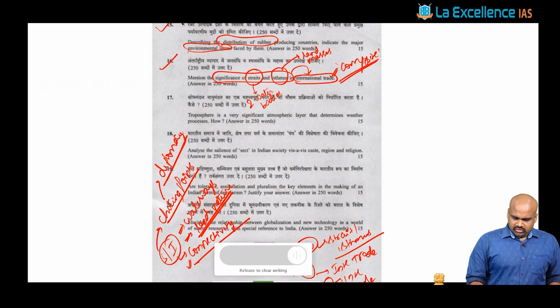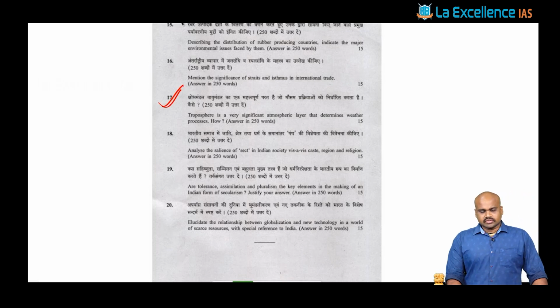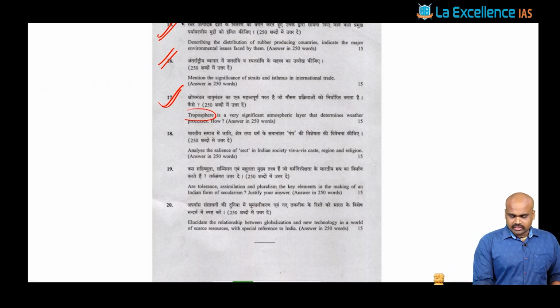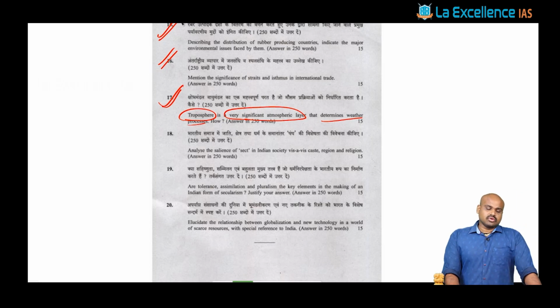Then moving on, looking at the next question, you would see that there is the 17th question, which is again about geography. Here you would see: the troposphere is a very significant atmospheric layer that determines weather processes. How? Right?